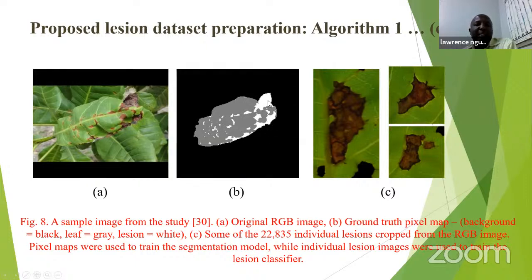Then from these white spots, we go back to the original image and isolate them. This can be done in software. So just calculate the connected components in figure B, and then cut those pixels out from figure A, and you are able to arrive at the individual lesions in figure C.